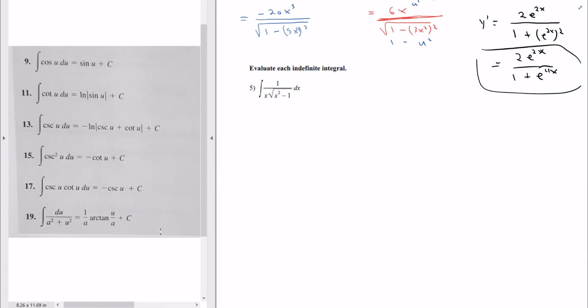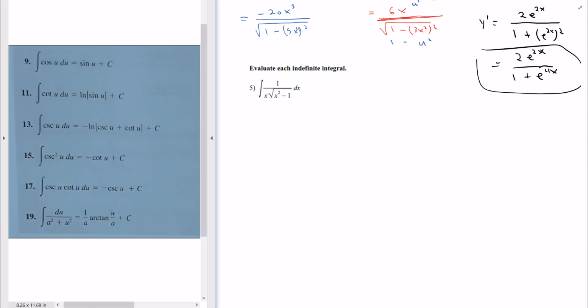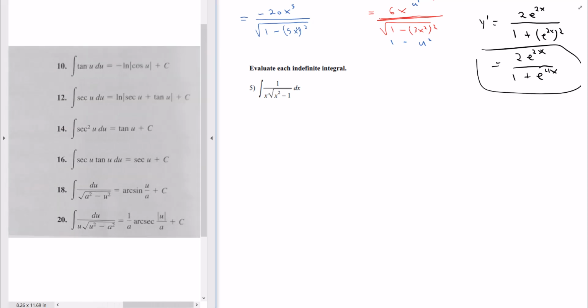So arctan is, if you start with du, or u prime, over a squared plus u squared, then it's going to go to 1 over a arctan of u over a plus c, because it's indefinite. If you have a square root, then it's going to be arcsine. If you have a square root with a u on the outside, then it's going to be arcsecant. And just notice how the a and the u's are arranged inside the radicals as well. So I highly recommend writing these down if we haven't talked about this yet in class.